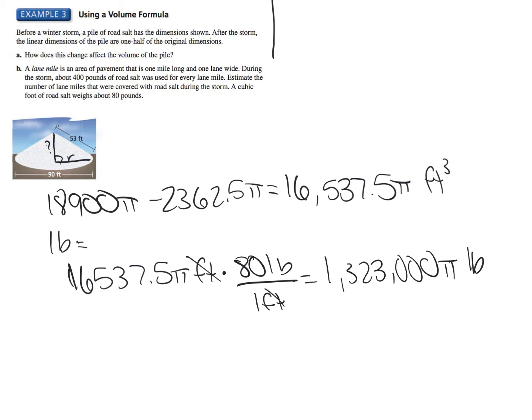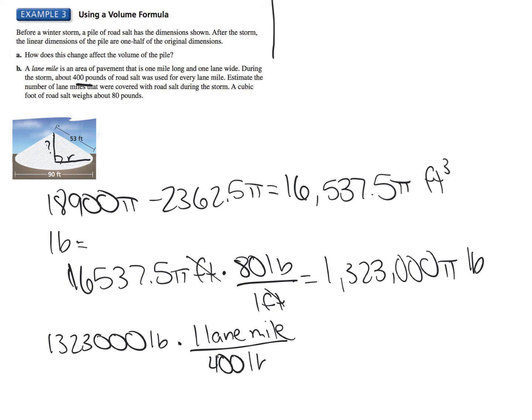Now we want to look at those pounds used and then cross that over into the lane miles. So it states that there are 400 pounds of road salt for every lane mile. You guys can do a large problem, I find it a little easier breaking it up. But in pounds, we've got 1,323,000 pounds used, and it's saying 1 lane mile uses 400 pounds.